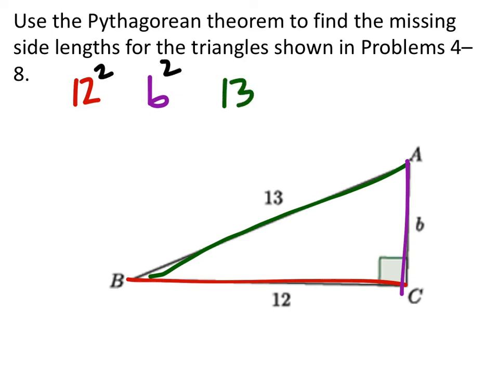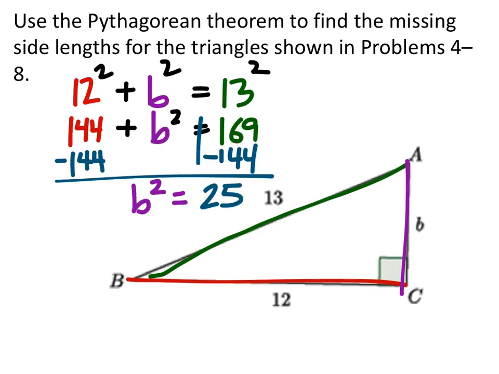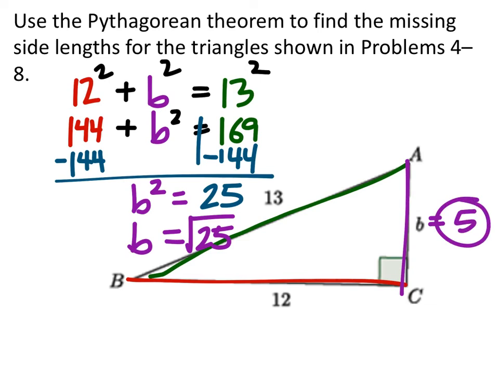If I square the two legs, I get the hypotenuse squared. So finally, B would just be that area at 25, but square rooted. And the square root of 25 is 5. So there's our answer for this one.